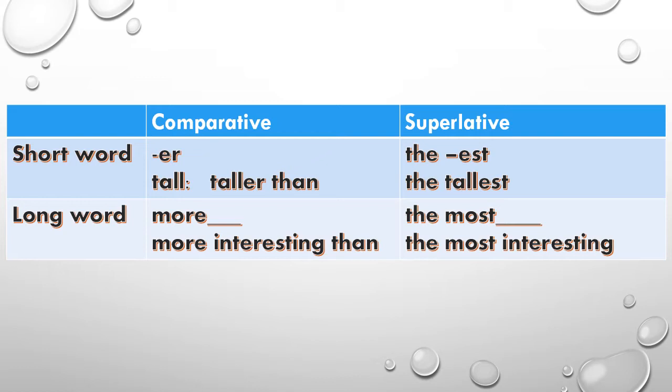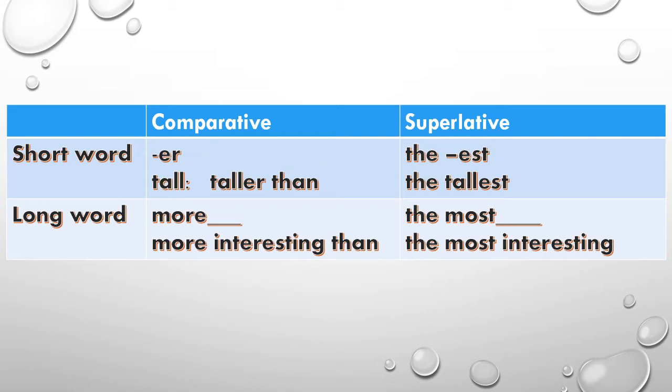Now look at the third row of the table, long word. If the word is long, for example, the word interesting. The word interesting is long and it's more than 2 syllables. In this case, we have to put more before the adjective and then than at the end.